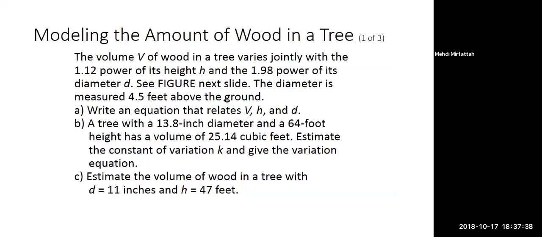The diameter is measured 4.5 feet above the ground. First, we want to write an equation that relates V, H, and D. For those of you following this later at home, now is a good time to pause and see if you can come up with these values and the equation, and then check your answer with us.